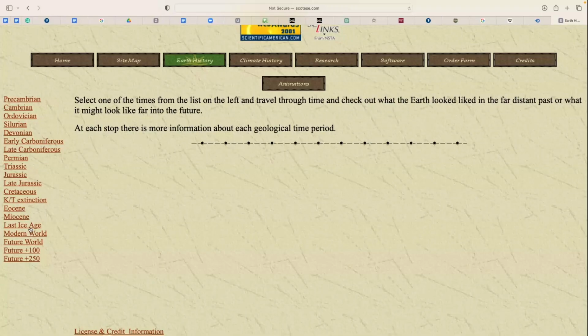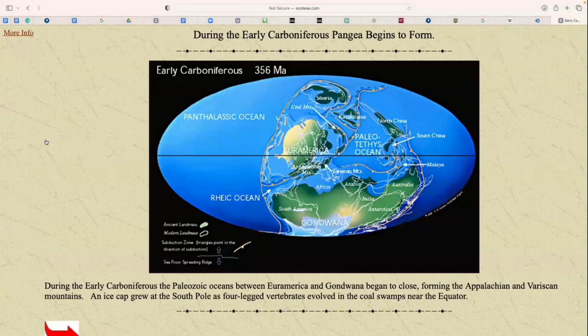We've got Eocene, Miocene, etc. What I want to do is show you the early Carboniferous, which contains the rocks when Clarksville was formed, for example. You can see the configuration of the continents here. Here's South America, here's Africa. What's really neat is you can go back and forth through the course of time and look at these different periods.